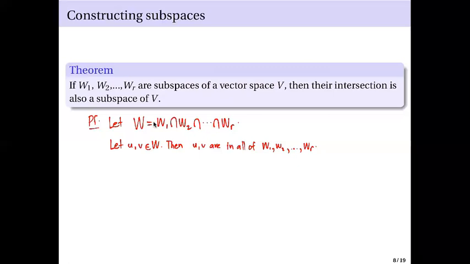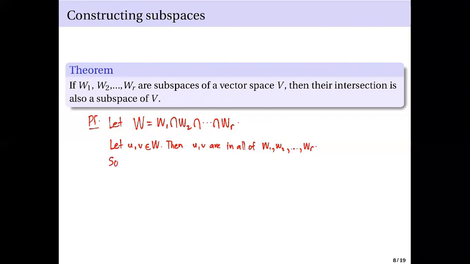Since you get your U and V to be in the intersection, they are in all of W1 until WR, since W1 until WR are all subspaces.